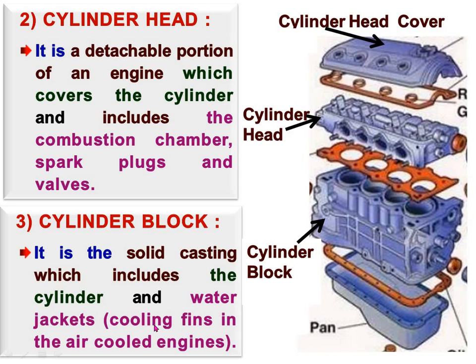There may be cooling fins in case of a two-stroke engine, or petrol engine. What are fins? Those are extended portions that give more surface area for cooling the two-stroke engine, or petrol engine. We will see fins further during the lecture.